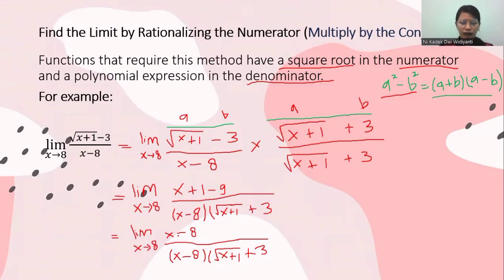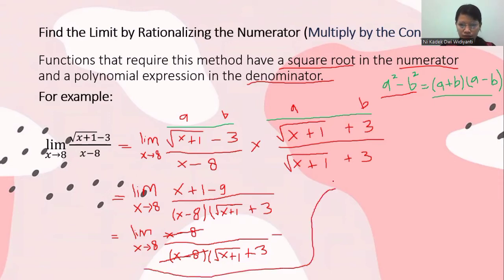Now x minus 8 in the numerator cancels x minus 8 in the denominator. So we will conclude right here.